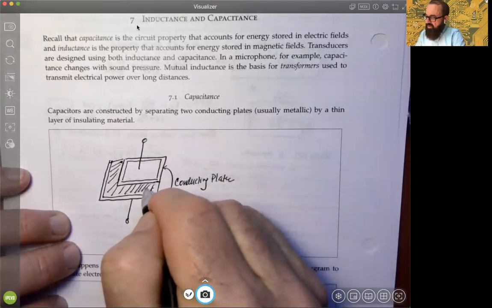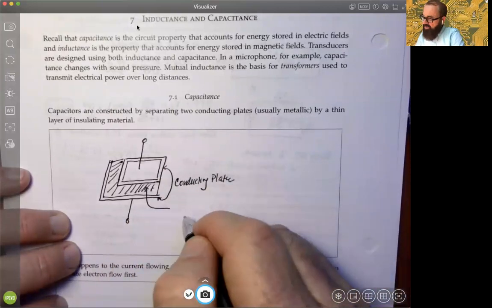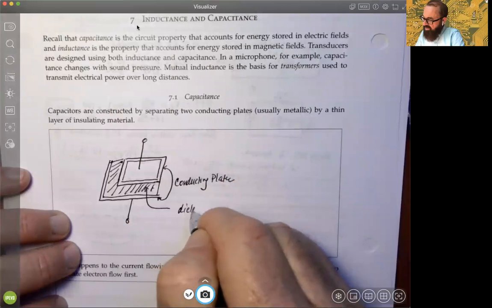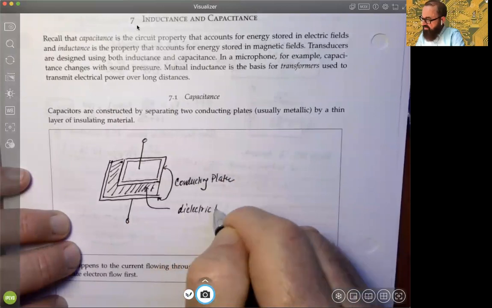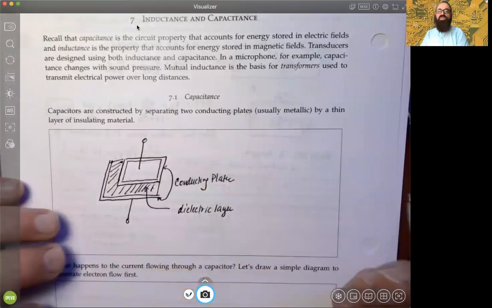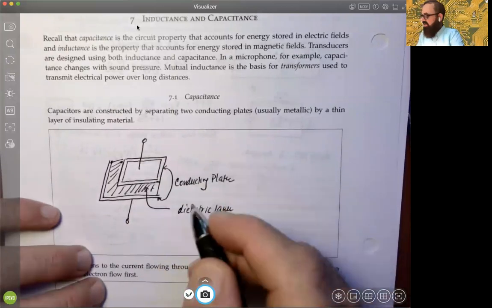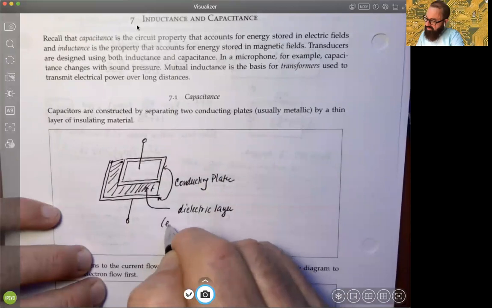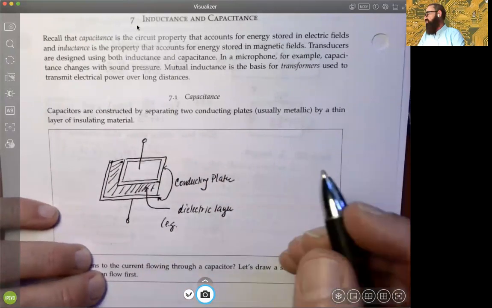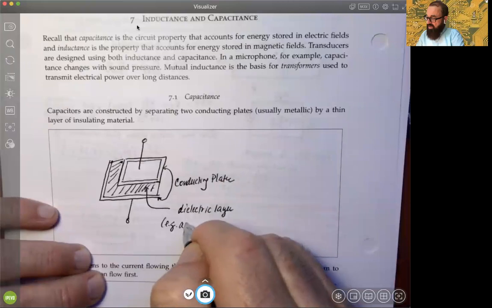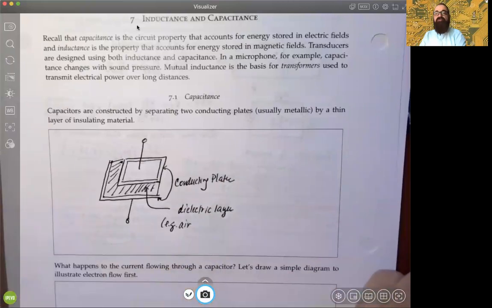And the inside here, that layer has a name. It's usually called the dielectric layer. So what could be between these two conducting plates, right? A couple of examples of the dielectric layer: nothing. In other words, air, sort of a vacuum, okay?